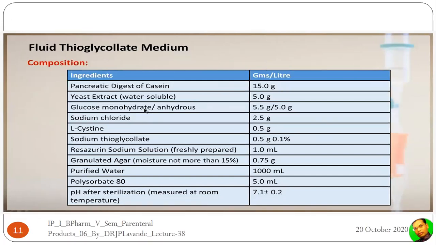The pH after sterilization should be measured at room temperature and should be near neutral, that means 7. And these are the individual quantities for all the ingredients. So that is as far as the fluid thioglycolate medium is concerned.